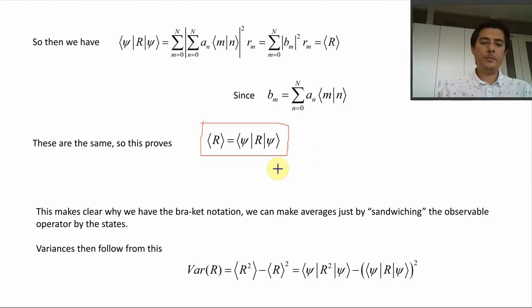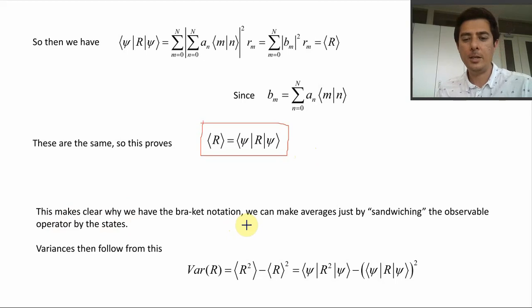So this is the point I was making before. This makes clear why we're using this so-called bracket notation, because we can always work out the average of some observable just by sandwiching the observable operator by the state.